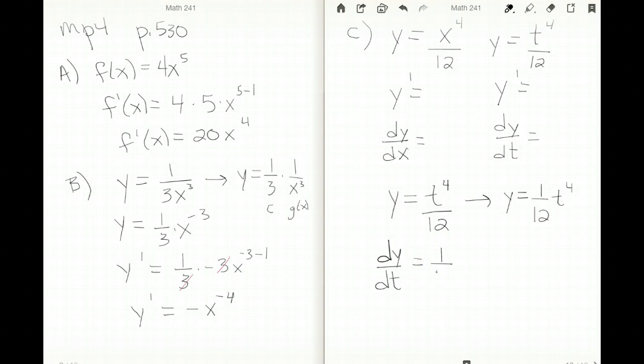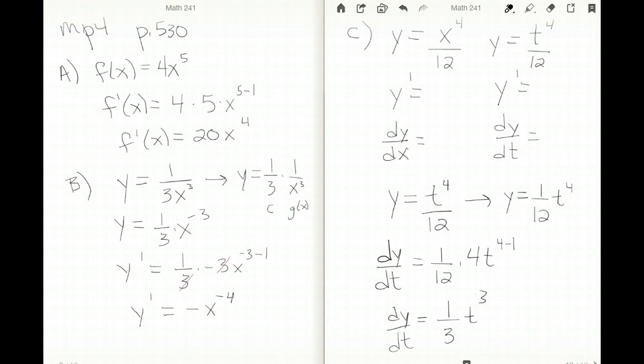So the derivative would just be 1/12 times power rule on t to the fourth: 4 in front, t to the 4 minus 1. So dy dt equals, let's see, 4 and 12 cancel, leaving me a 1/3. t to the 4 minus 1 is 3.